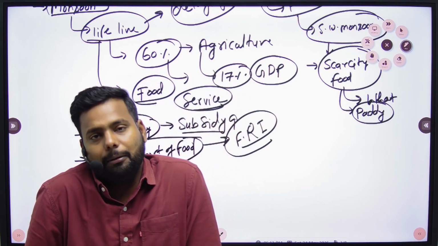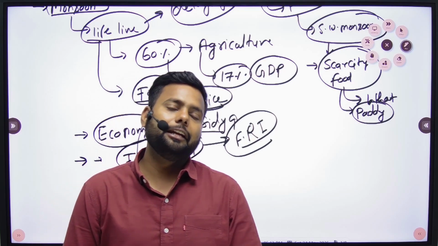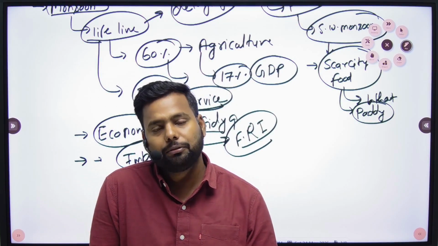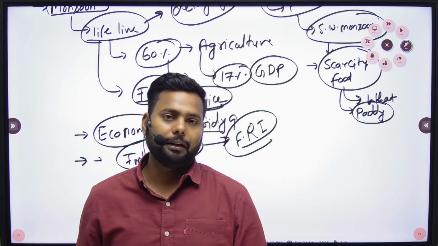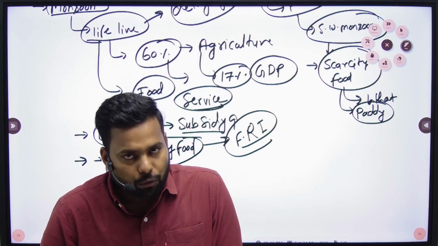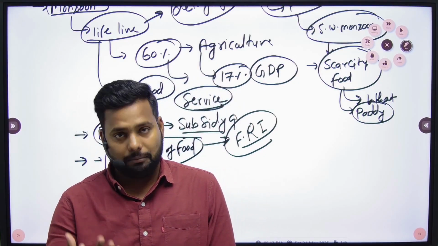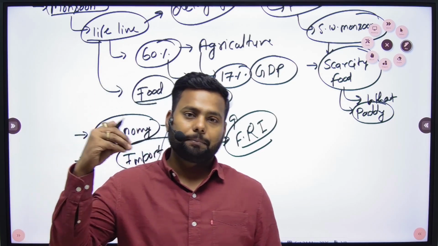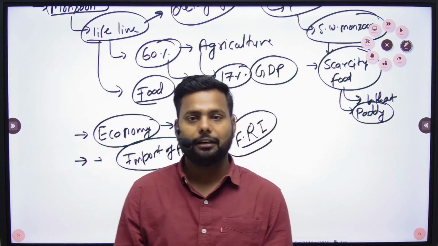But still 90% of our agriculture and economy is dependent on the monsoon, because if the rivers are giving water supply, rivers need the rainfall which feeds the catchment area of the river basin.